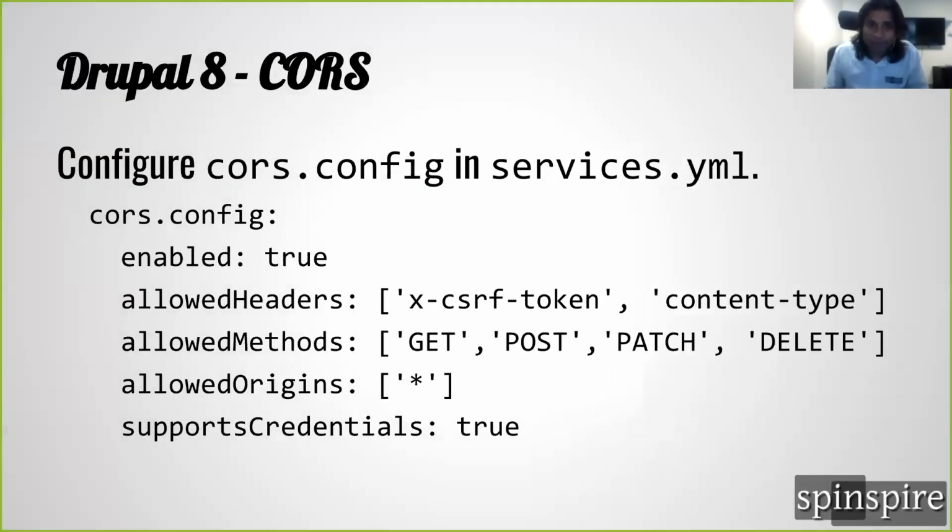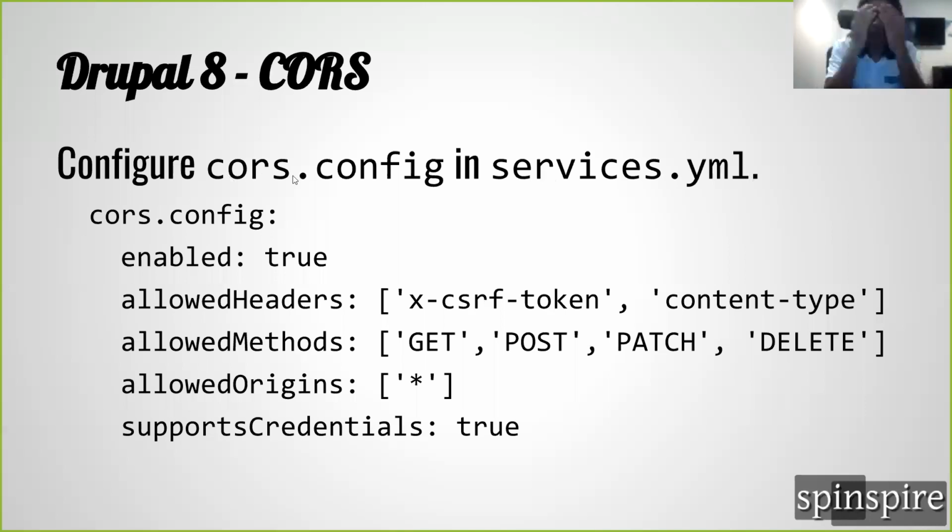All right. Now, of course, nothing is easy when it comes to Ajax. So you have to do a little more configuration, which is you have to change your services.yaml and configure CORS. CORS is cross-origin resource sharing.